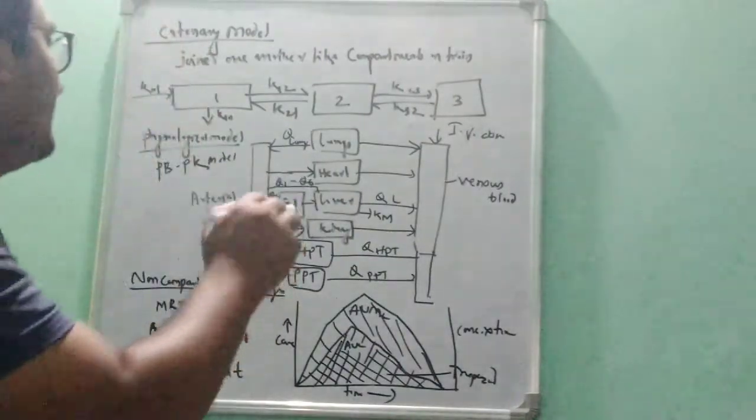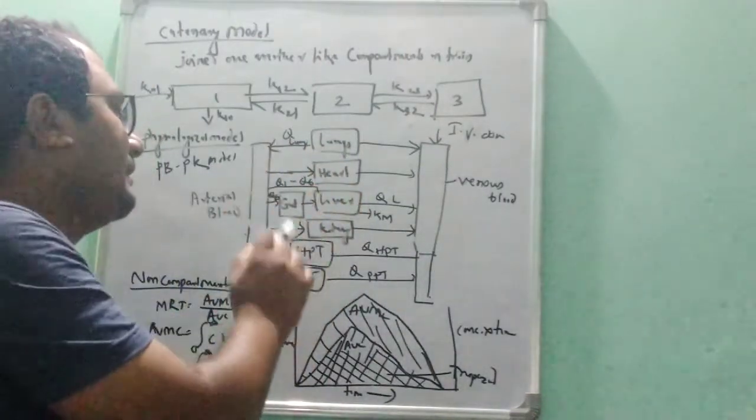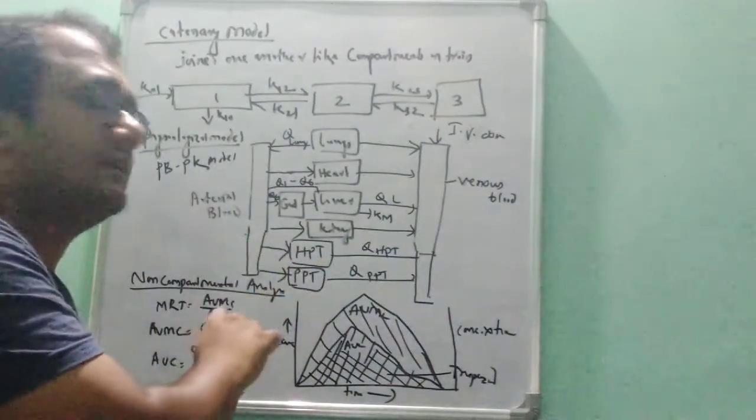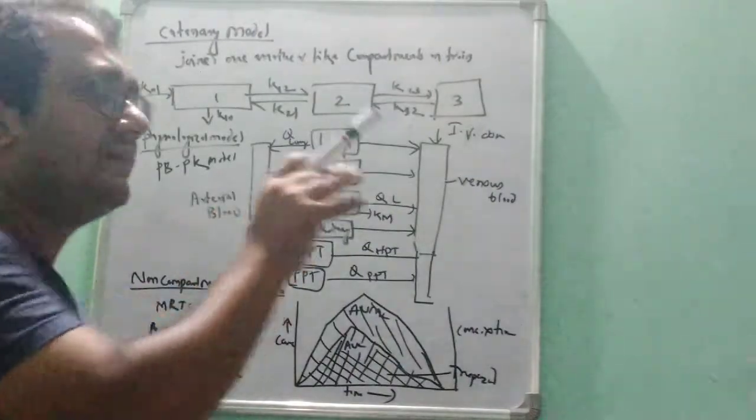We can see here lungs, heart, liver, kidney, HPT and PPT. HPT means highly perfused organ, PPT means poorly perfused organ. These are kept in different compartments.